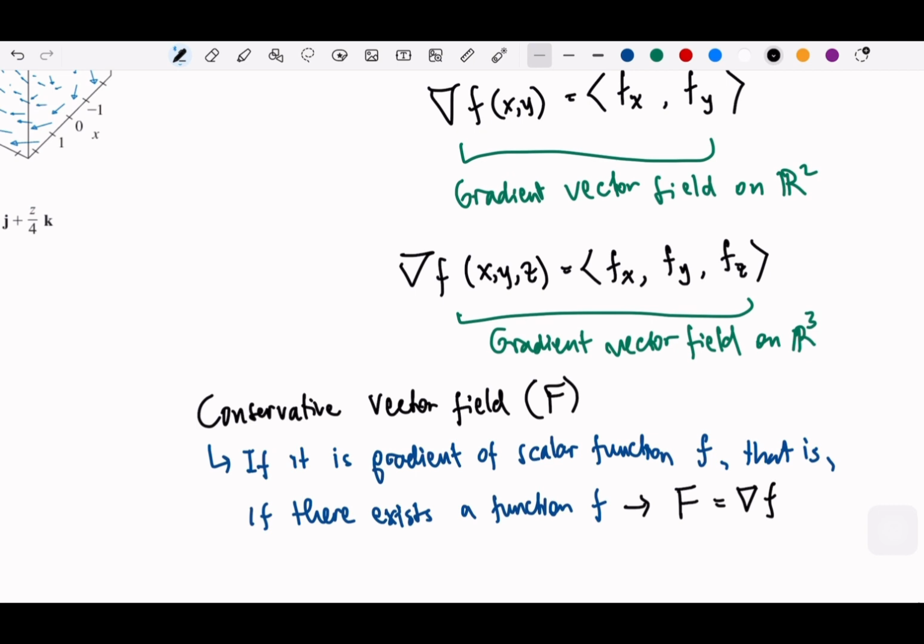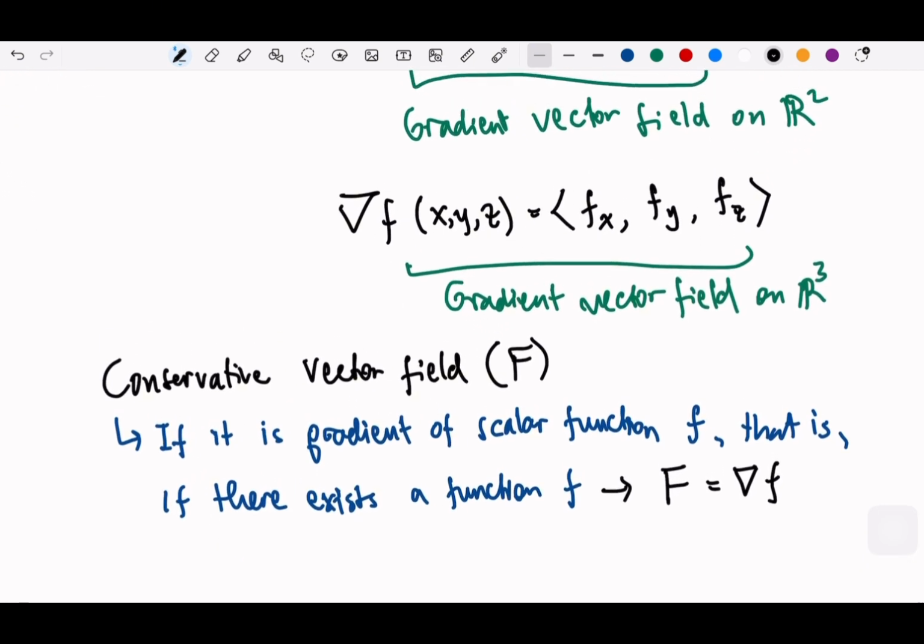And when this happens, we call the small f a potential function of F. So it's actually just naming the gradient vector that we have before. We can name it as a conservative vector field if we could have a potential function. Okay? If we could have it from the vector field.